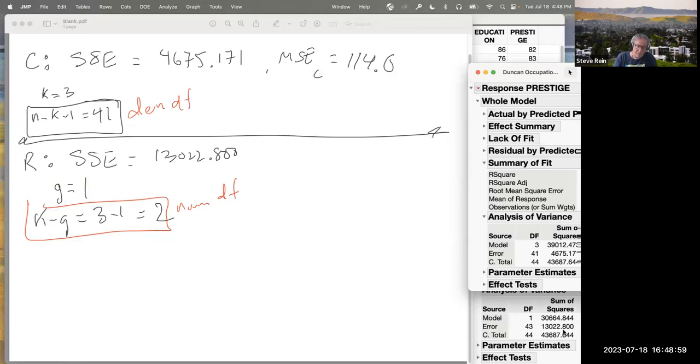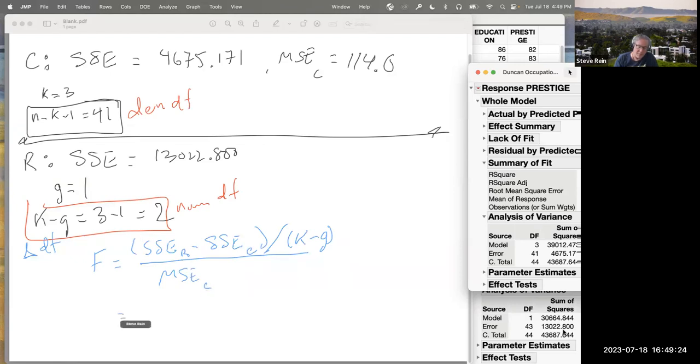The F ratio that we said we're going to be calculating, F, is equal to the sums of squares error for the reduced model minus SS error for the complete model, over K minus G, which is also called delta degrees of freedom, over then MSE for the complete model.